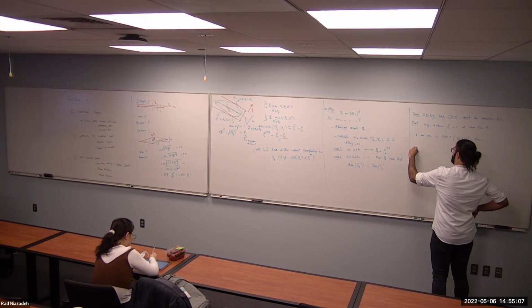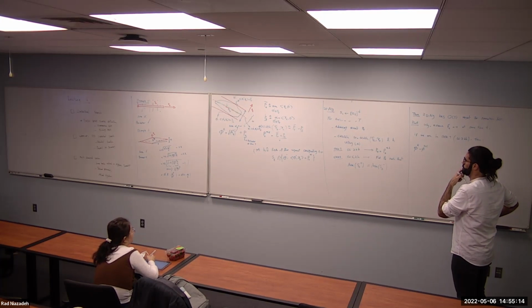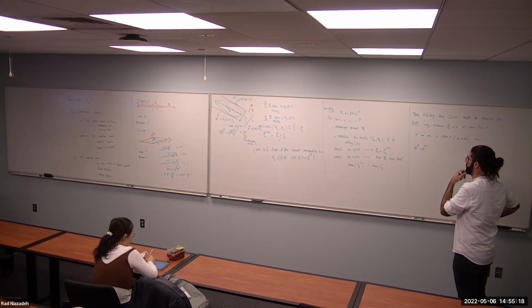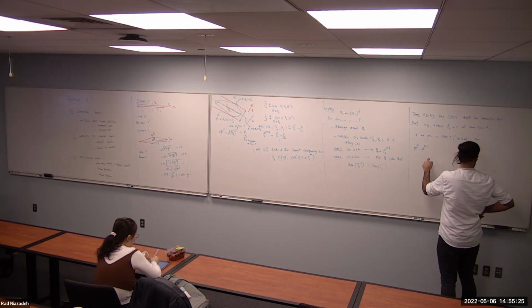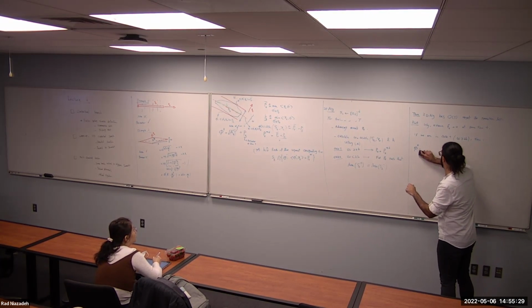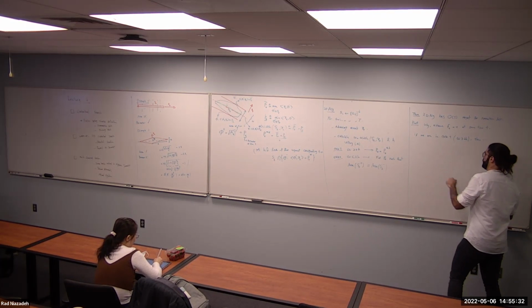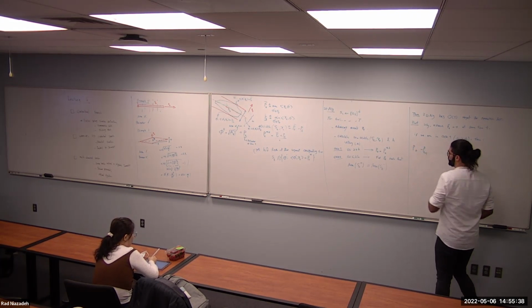So I claim Vt minus Vt plus 1. So I'm going to actually look at P t minus P t plus 1, the change in the parameter.